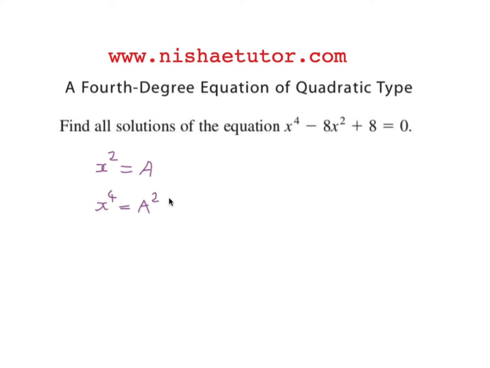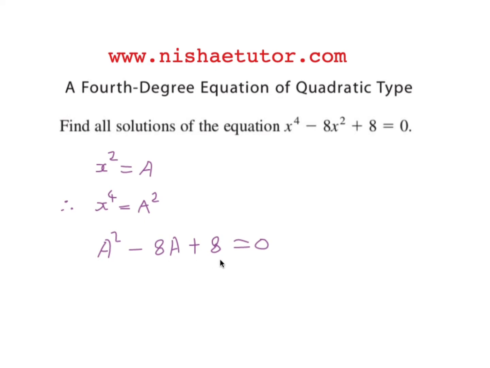So we can put this here and let's see: x to the power 4 is A square, minus 8 x square becomes A, plus 8 equal to 0. So we get a quadratic equation and we can solve a quadratic equation easily.